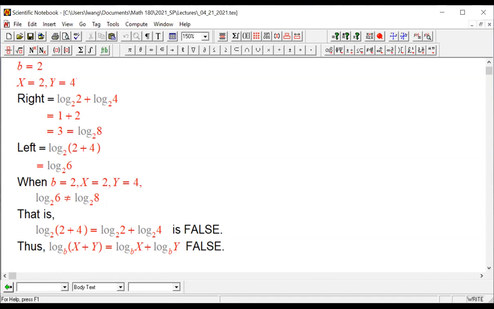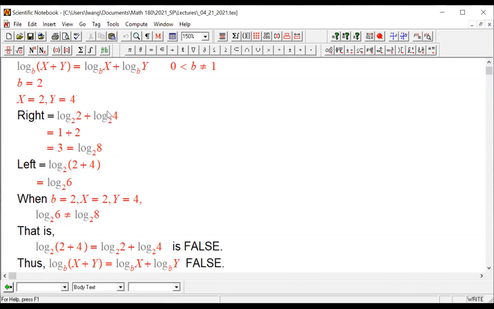Even though you can see I put so many steps there, I have an idea here.